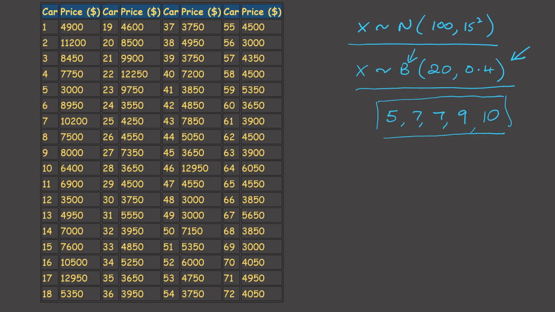As it happens, when you take another sample of 5 and calculate the mean of that, and another sample of 5 and take the mean of that, and you do that over millions and millions of samples, you'll find that they turn out to be normally distributed. That's the means. The individual values we know are binomially distributed, but the means themselves are normally distributed.